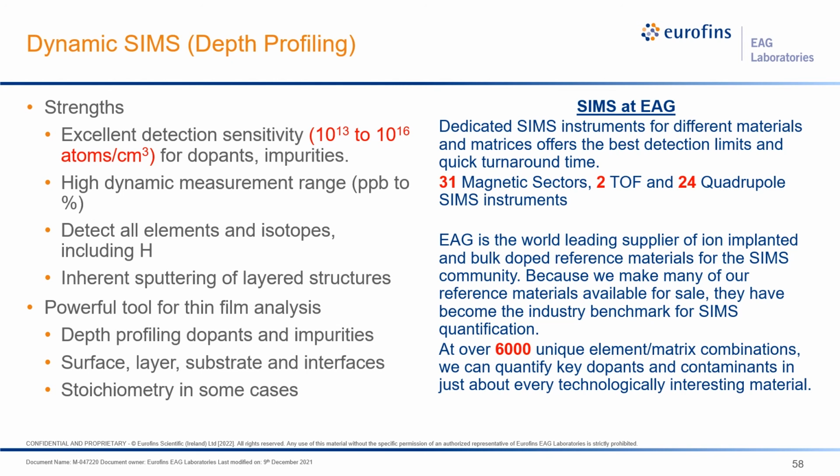That requires that you have all the reference materials in the materials that you're measuring. EAG has been selling these reference materials, and it is the industry benchmark for SIMS quantification. At the moment, at EAG, we have 6,000 reference materials that allow us to quantify a wide variety of elements and a wide variety of matrix species.